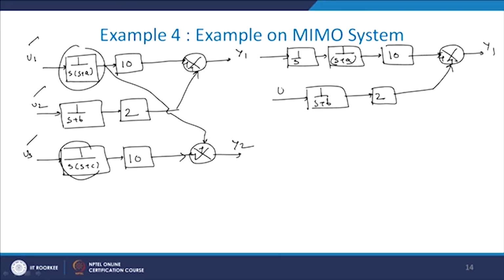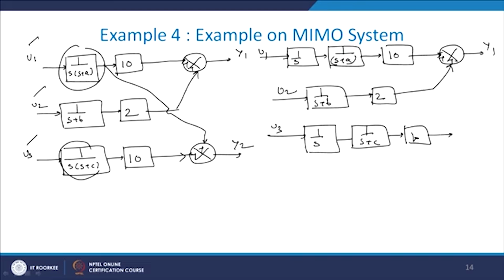So here u2, u1. One change we have done: this 1 upon s, s plus b has been separated as 1 upon s, s plus a, u2 as 1 upon s plus b, and lastly this is u3, it has also been separated as 1 upon s, 1 upon s plus c, gain of 10, and here is a summing block.